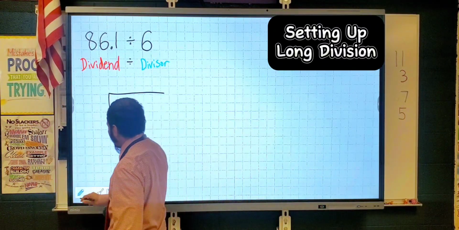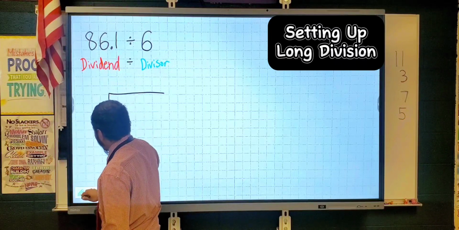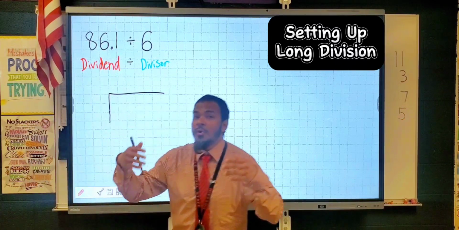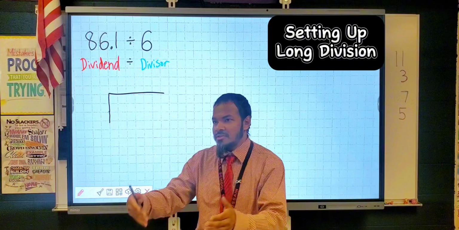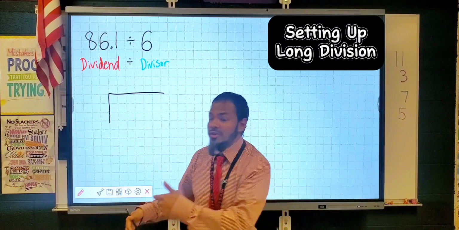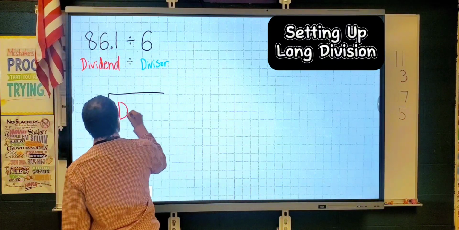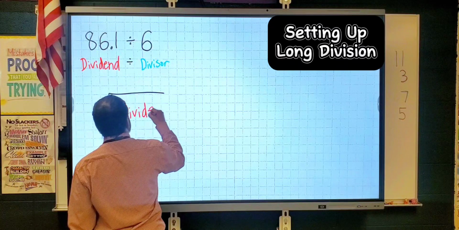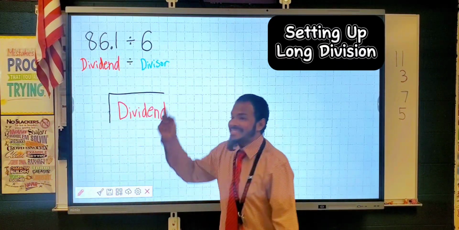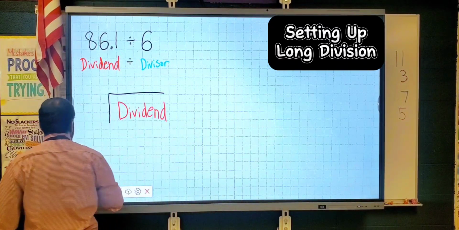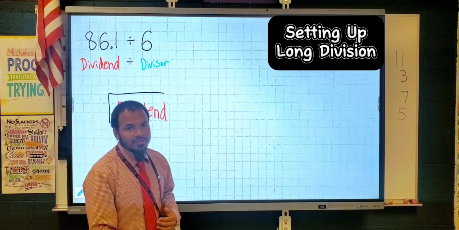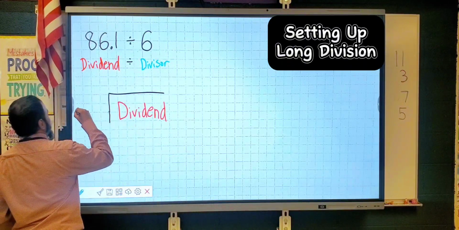The first number is the dividend, and the first number won the race. Because the first number is first, it goes on the inside. And the second number is known as the divisor, and that number goes on the outside. So this would be the divisor.